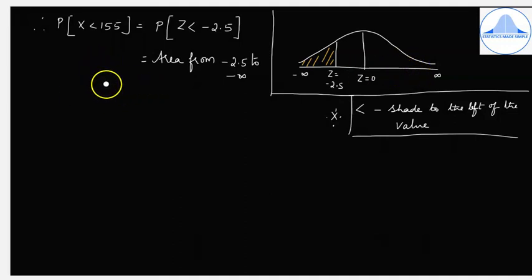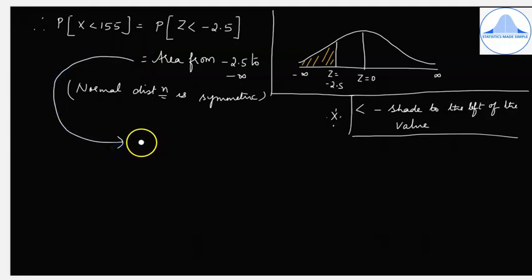So let me rewrite this step. Since the normal distribution is symmetric, this is only for your understanding, it's not required in the exam. So I will rewrite this step now. This is equal to area from 2.5 to infinity.